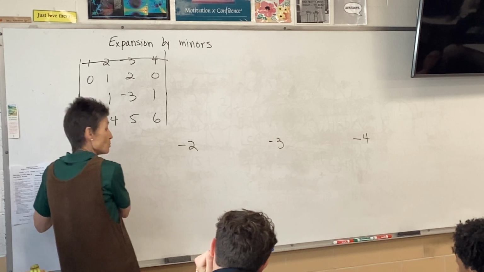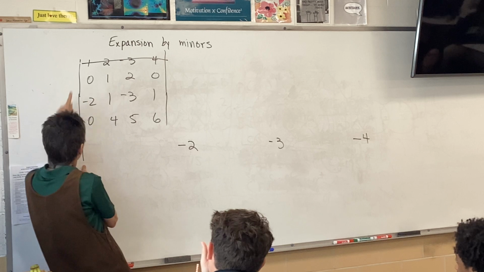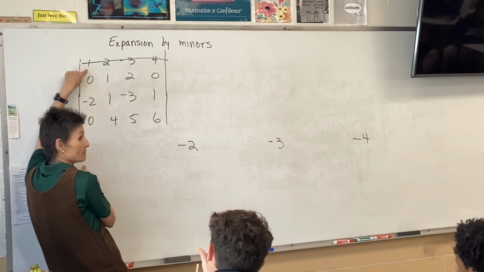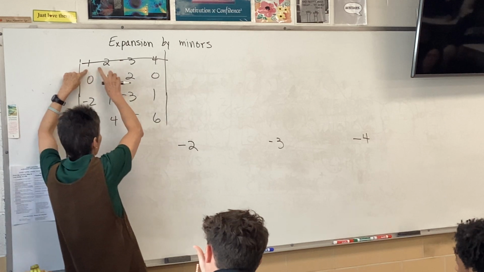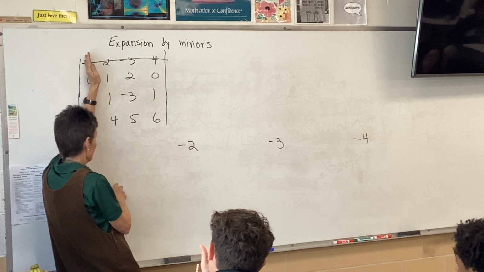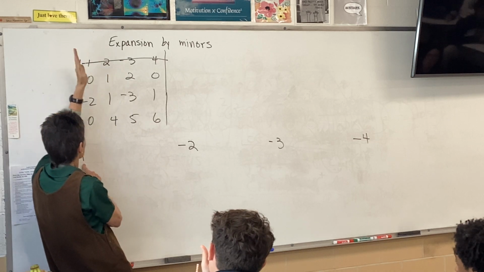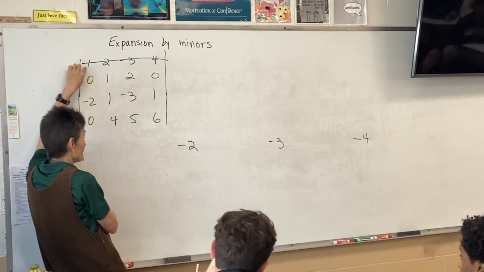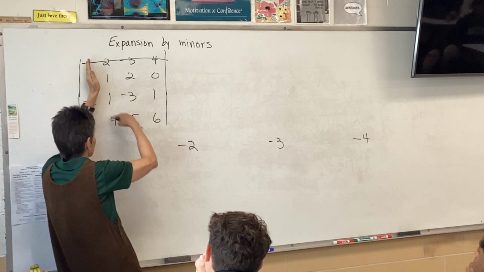Now, you see this 1 right here? That 1 is this one. I've already crossed out the row. Now I'm going to cross out the column that 1 is in. So take out the row and the column for that 1. Well, if I do that, what's left right here?